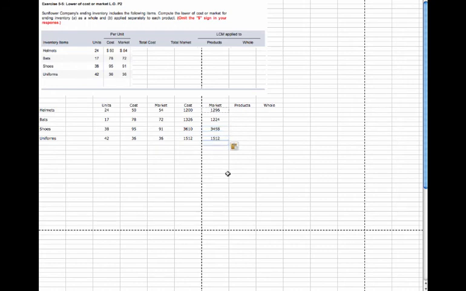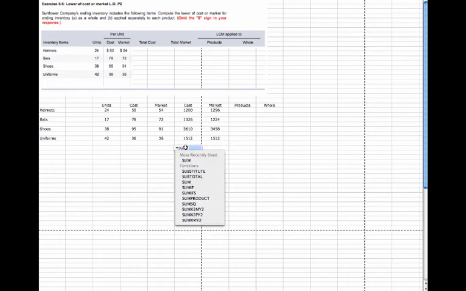Now the calculation for lower of cost or market, as it says in this format here, can be applied against three different things: the individual product, the category, or the entire inventory as a whole. Let's figure out what our total inventory is at cost and what our total inventory is at market.